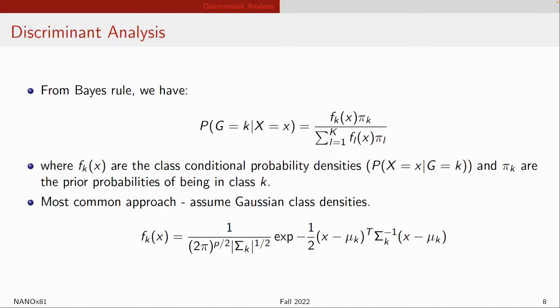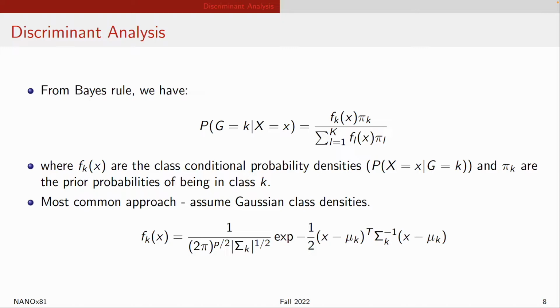So it is basically the probability of x being the value x given that G is in class K. And the pi_k is basically the prior probability of being in class K. In other words, in your data set, do you have a very skewed data set in which you have 10% of data being in class 1 and 90% of data being in class 2, or do you have a more even split, 50-50 between class 1 and class 2, right?